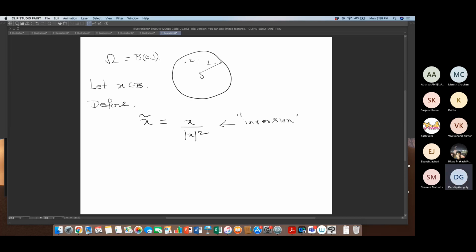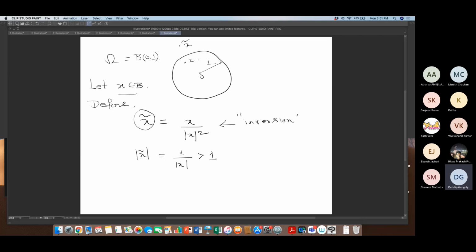Perhaps you know this from complex analysis. So where does this x tilde lie? x is inside the ball. Any idea? Outside. Why? You just take the modulus, it will be 1 by mod x. As x is in B, 1 by mod x is greater than 1. That means x tilde will be somewhere here, outside the ball.